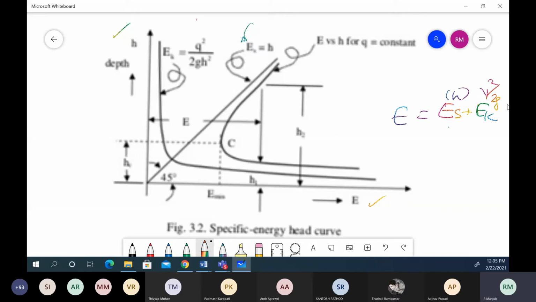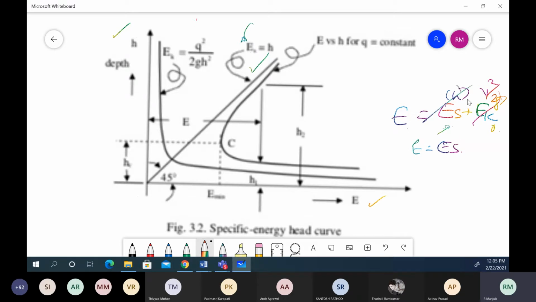Suppose I am plotting only this static head, then E is going to be only ES. So this is 0, only potential head. In that case, it will be a straight sloping line with a slope of 45 degrees.